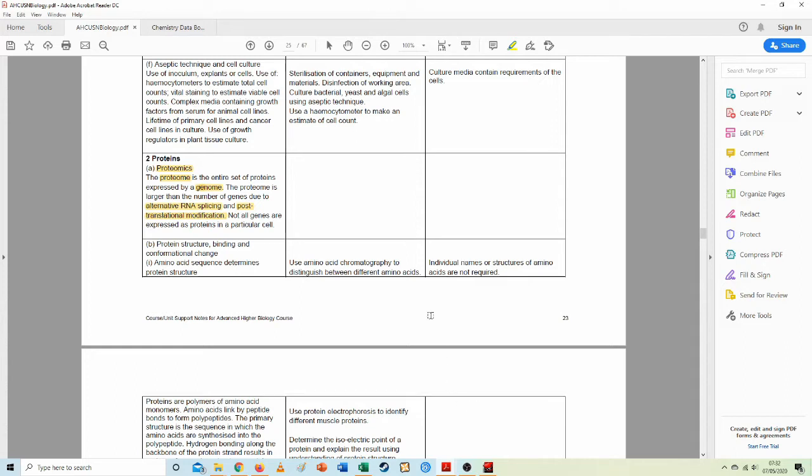And then we need to talk about cells overall. So this little sentence here: not all genes are expressed as proteins in a particular cell. What I want to do is really talk there about differentiation and cellular tasks.